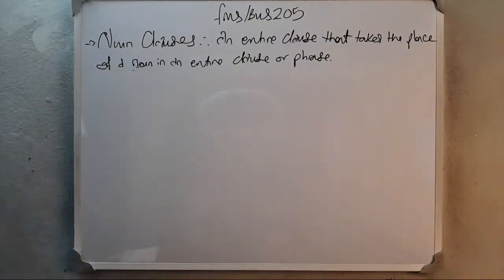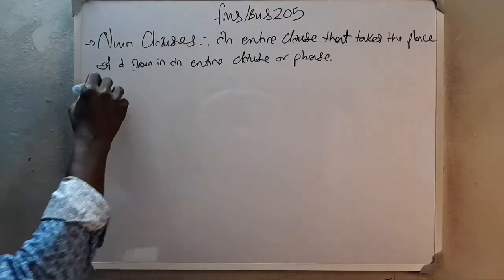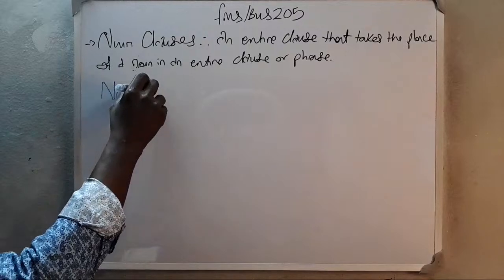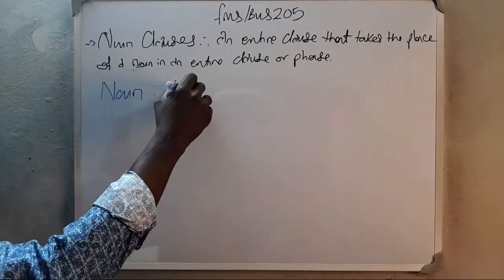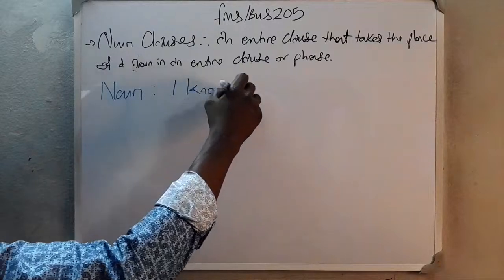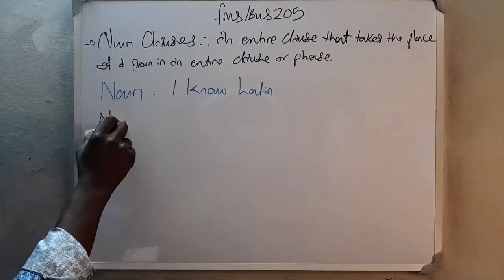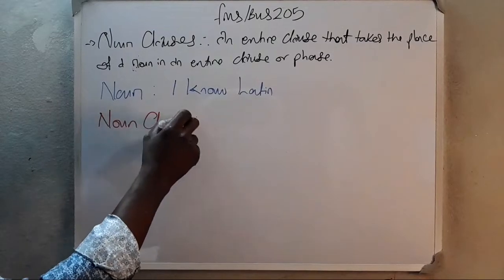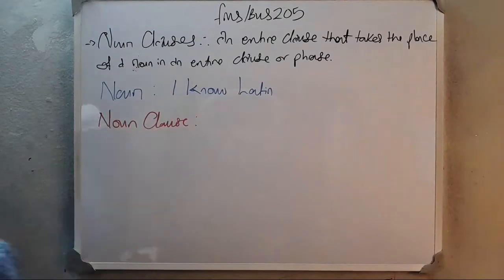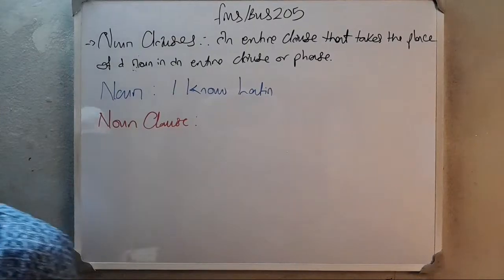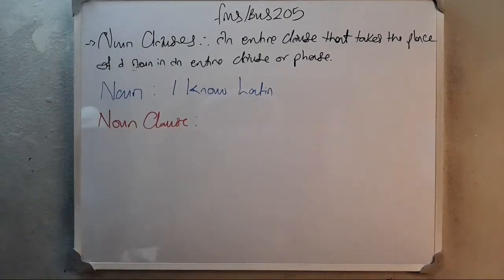Now, let's take for example: I know Latin. Noun clause: I know that Latin is no longer spoken as a native language.